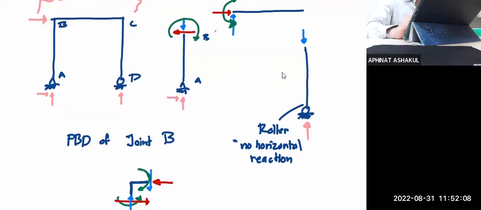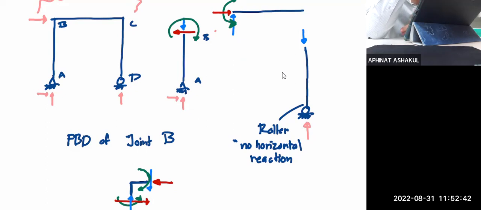So whenever you become confused, especially when you have the presence of a horizontal load like that at the joint, maybe it's not a bad idea to try to draw the free body diagram of the joint itself, or just the dot B. Remember, the actual size of this free body diagram is just a dot, but I emphasize it a little bit so that you know the difference between the force components.